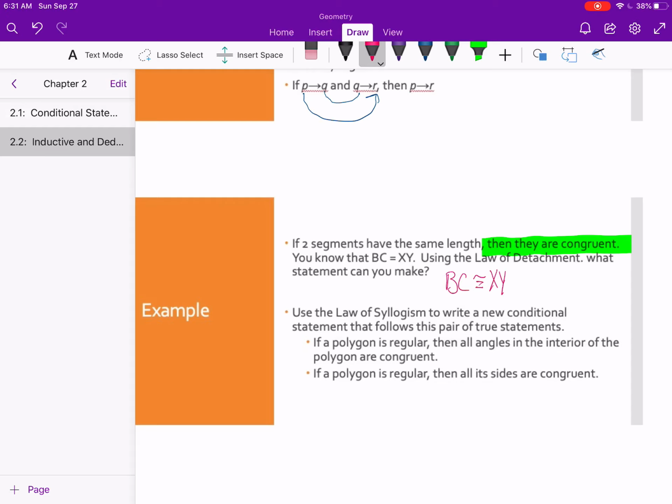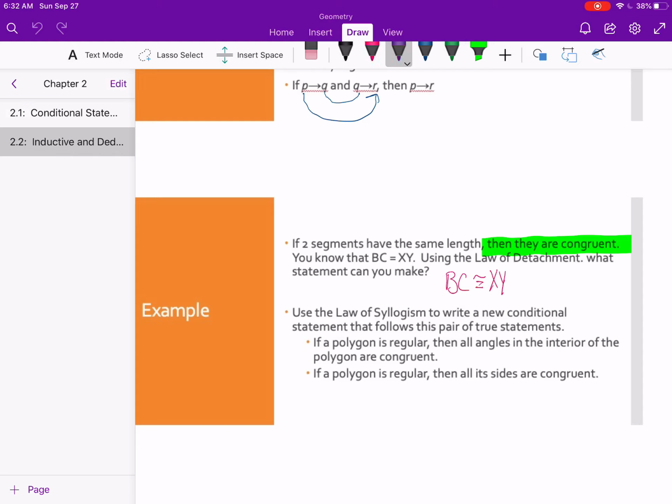And then use the law of syllogism to write a new conditional statement that follows this pair of true statements. So if a polygon is regular, then all angles in the interior of the polygon are congruent. If the polygon is regular, then all its sides are congruent. So we know if it's regular, then all angles of the interior are congruent, and if it's regular, then all sides are congruent.